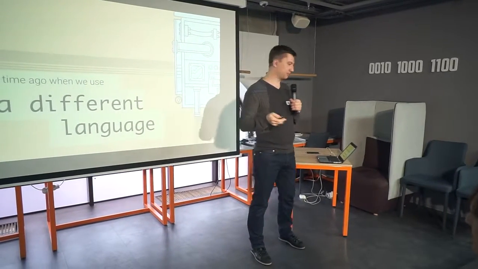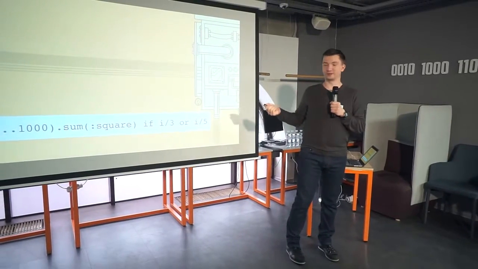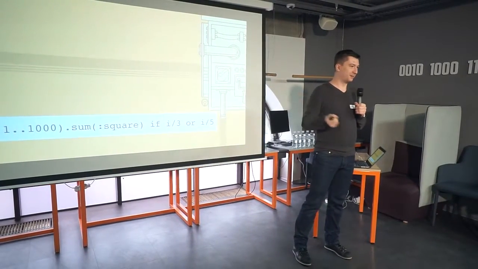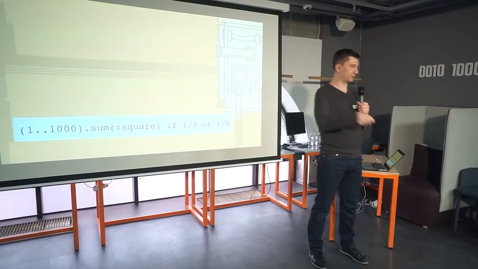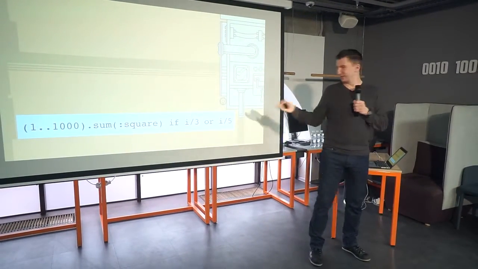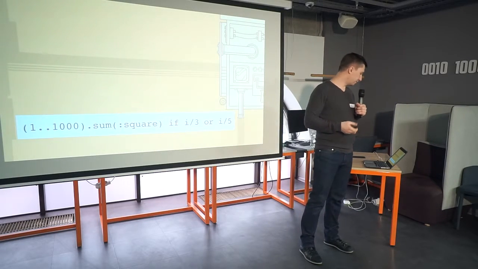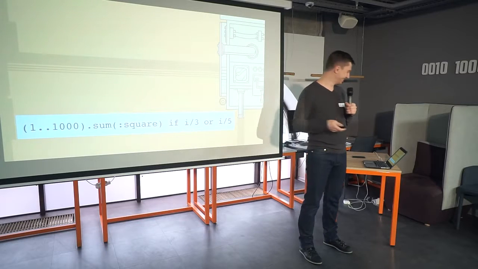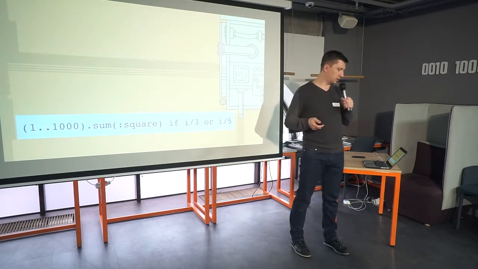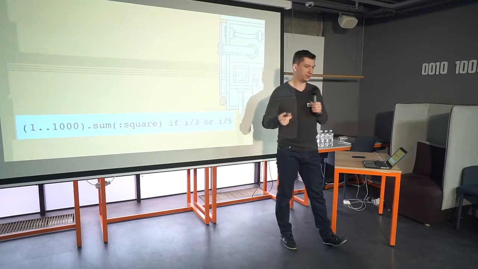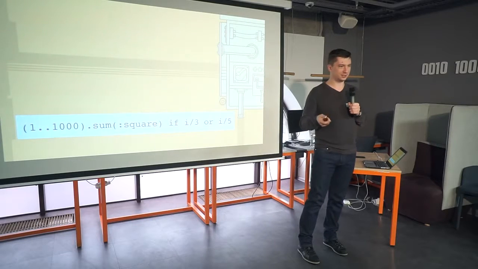He wrote me something like this one. I asked him to calculate the sum of squares of numbers between 1 and 1000 which are divisible by 3 and 5. Of course, he is not a programmer, but he showed me that magic still exists.